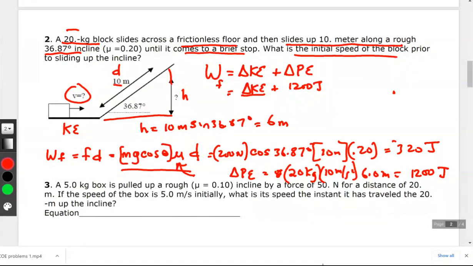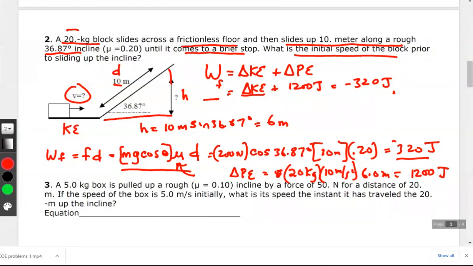We do know the work against friction, which is negative 320 joules. That's that negative work. So what we do is define the change in KE and then ultimately try and find the V.